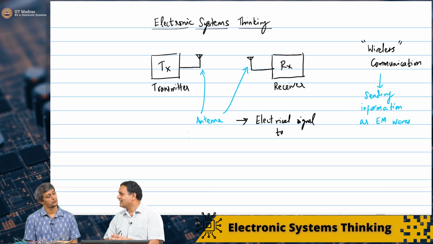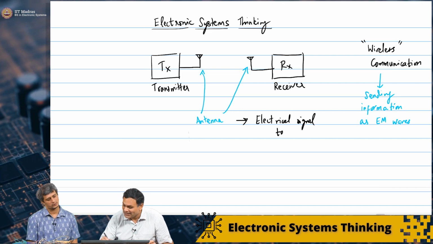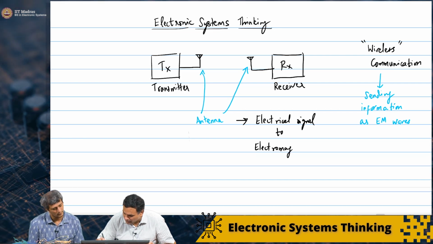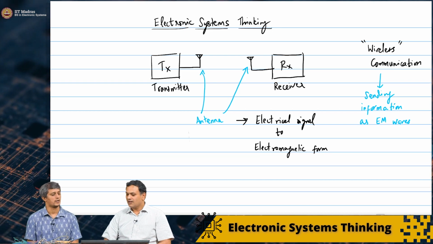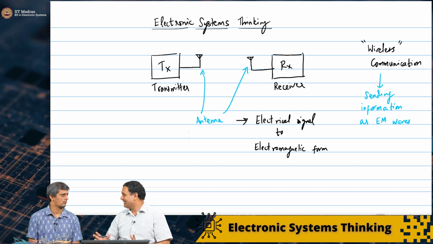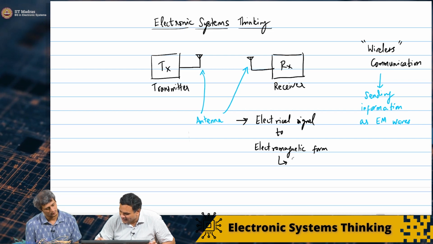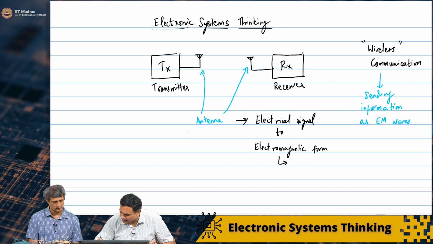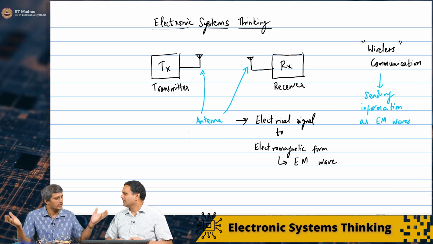Now, the antenna is primarily required to convert the electrical signal to an electromagnetic signal. And the minute you convert it to electromagnetic form, it becomes wireless. You send it as an EM wave, so it's available for everybody to consume.